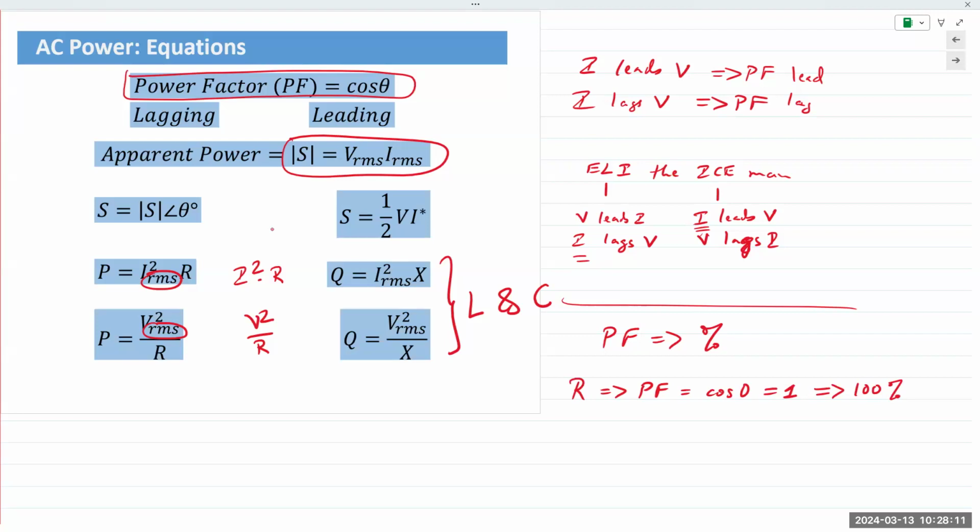With an inductor and a capacitor, it's different. With an inductive load, if you don't balance it out with the capacitor, power factor could be anywhere between 0 and 90. And if it's less than a certain number, the utility company will not supply electricity to that client.